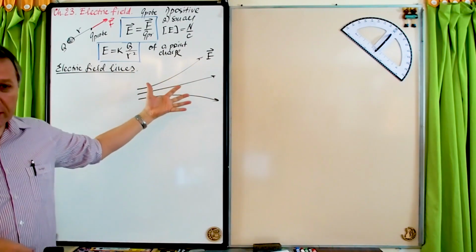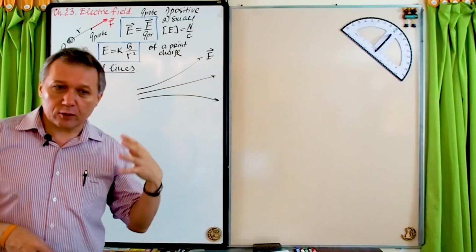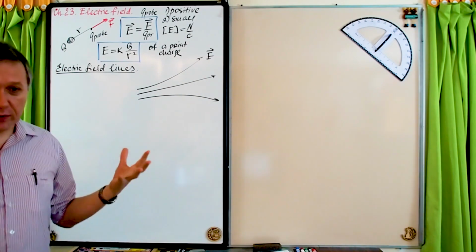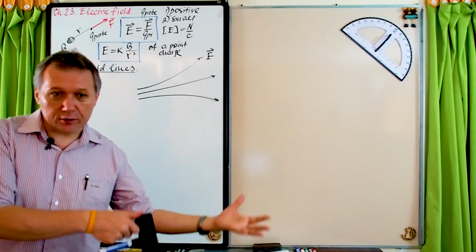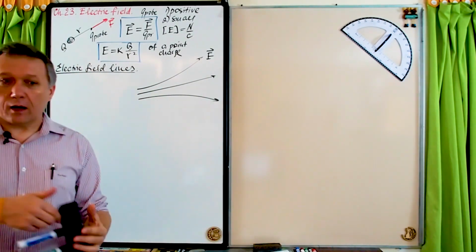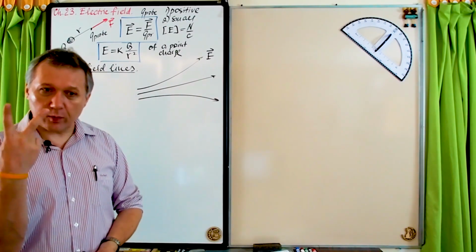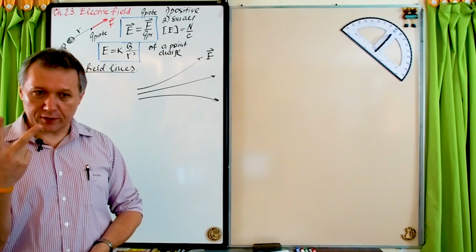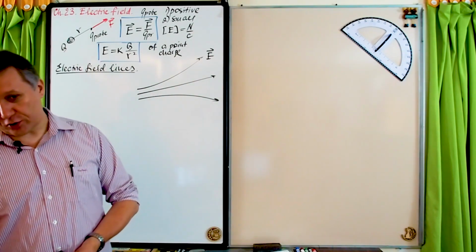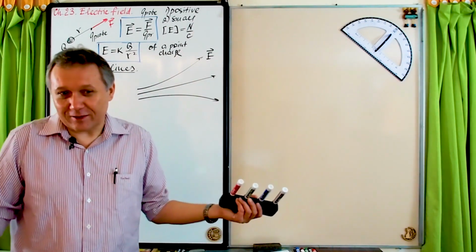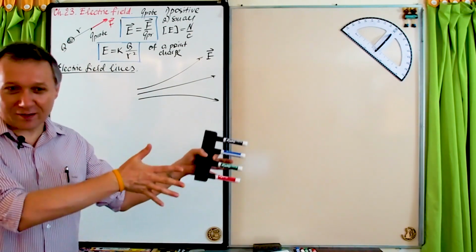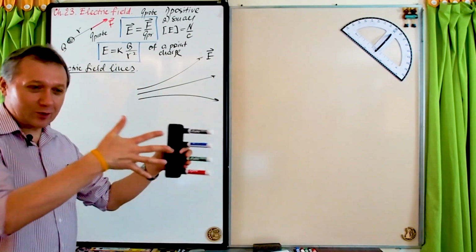When you see the electric field lines, you can get information about the electric field quickly: where the electric field is stronger, where it is weaker, and information about the direction of the electric field. So every time we're interested in two pieces of information, direction and strength, because the electric field is a vector, so it has two parts, magnitude and direction.